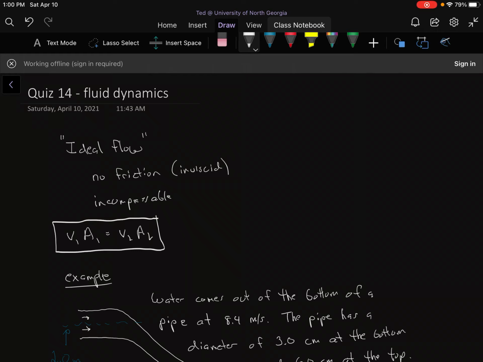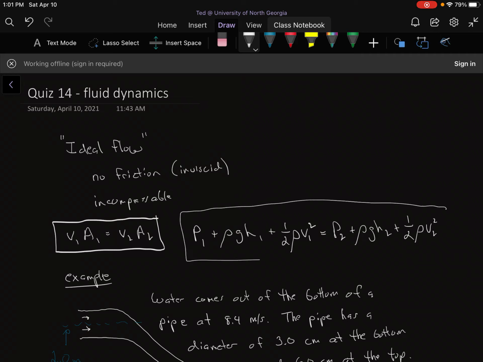The other equation we're going to use is a version of conservation of energy, because there's no friction, and that says that the pressure at point 1 plus rho g h at point 1 plus 1/2 rho V1 squared should equal pressure 2 plus rho g h2 plus 1/2 rho V2 squared.